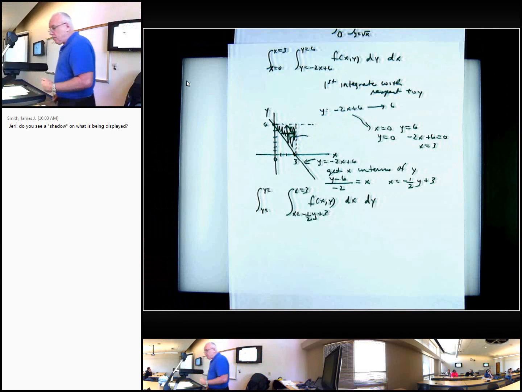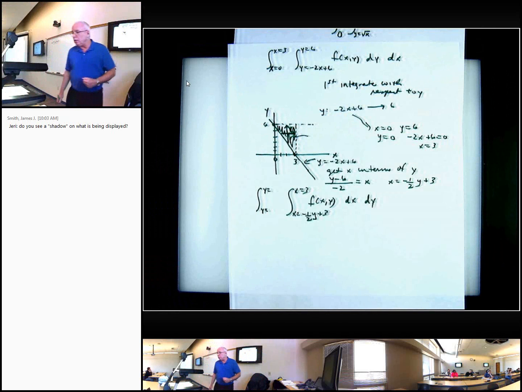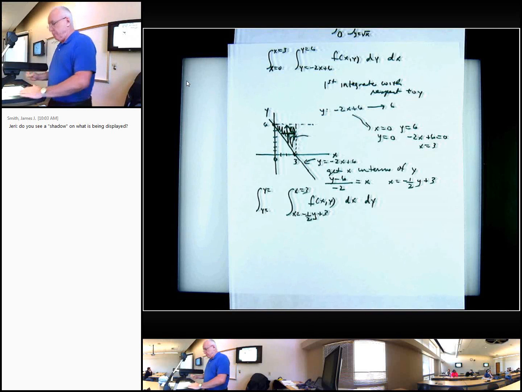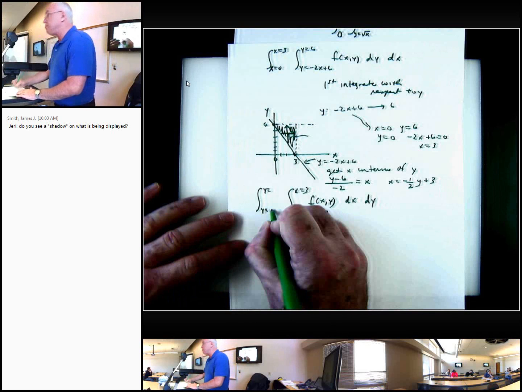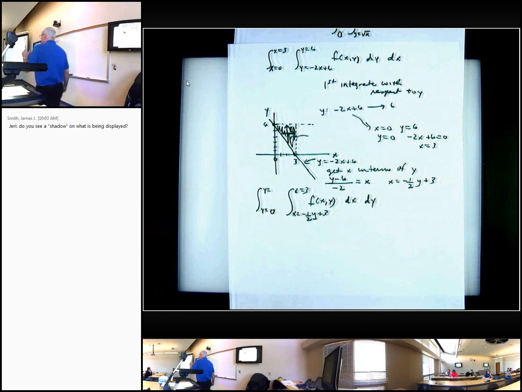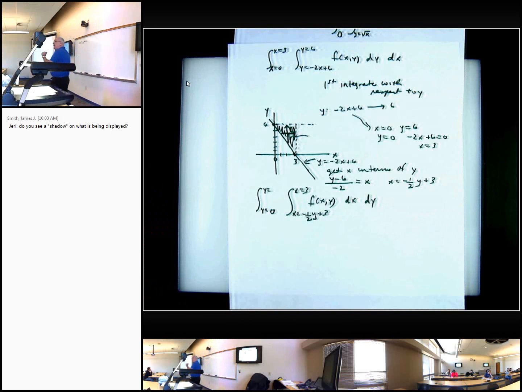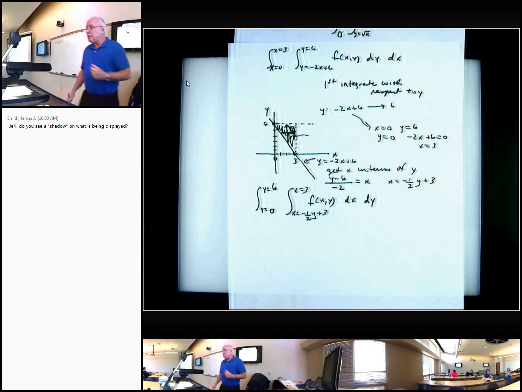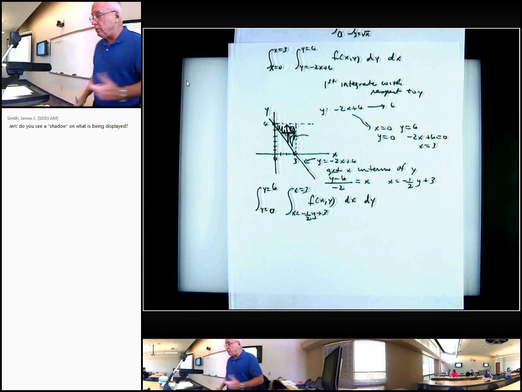Now let's figure out the y values that are going to apply here. What's my lower y value that I've got to have? 0. My lower y value is 0. You're jumping ahead, I think. So my upper y value is 6. Okay. All right. So this is how it would look with the order reversed.